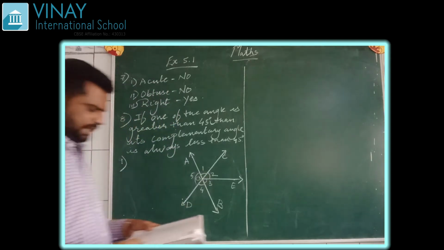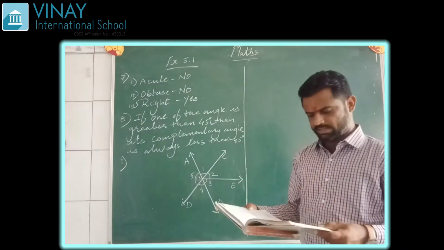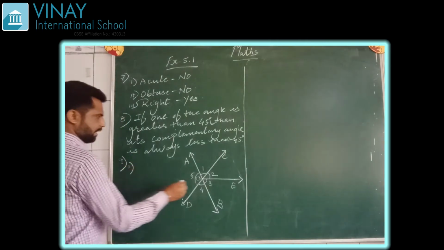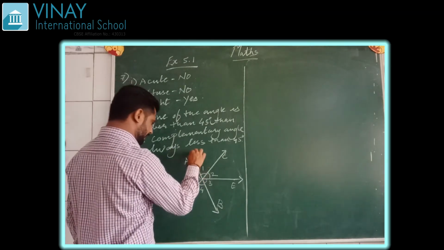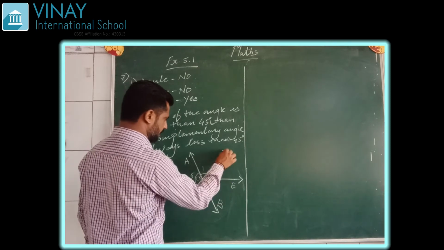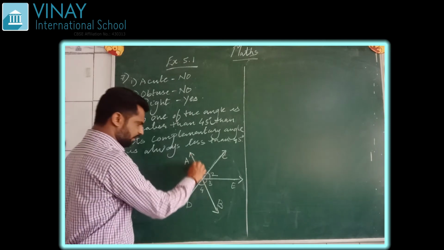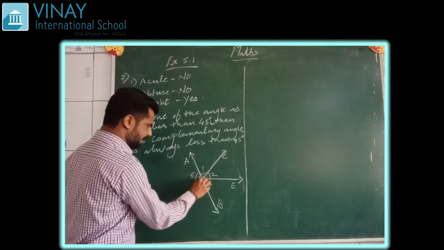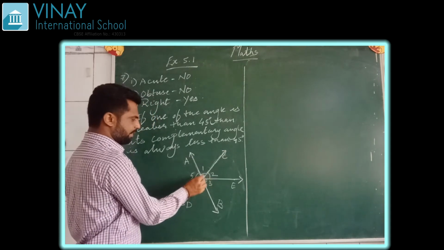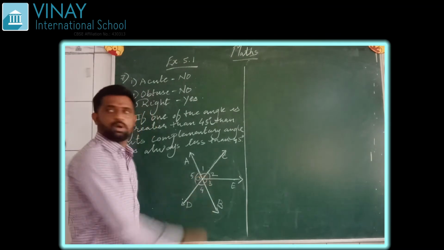Now some questions are given. We have to find out whether angle 1 is adjacent to angle 2. Question number 1: is angle 1, that is angle AOB, adjacent to angle 2, that is angle COE? If we see carefully, ray OC is the common arm between angle 1 and angle 2, and O is the common vertex also.